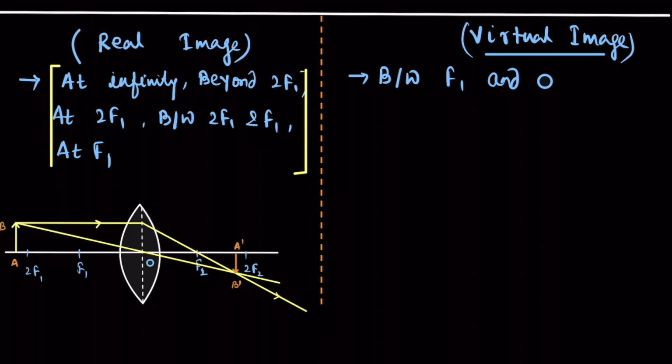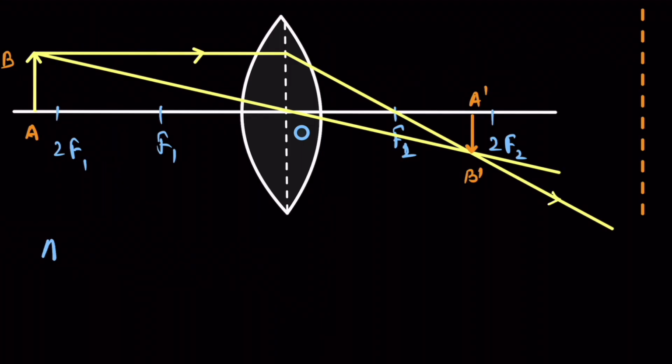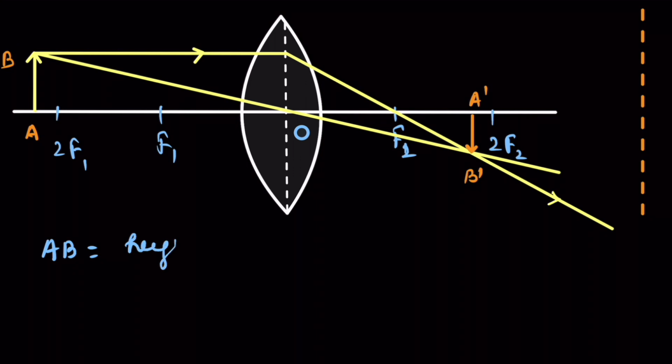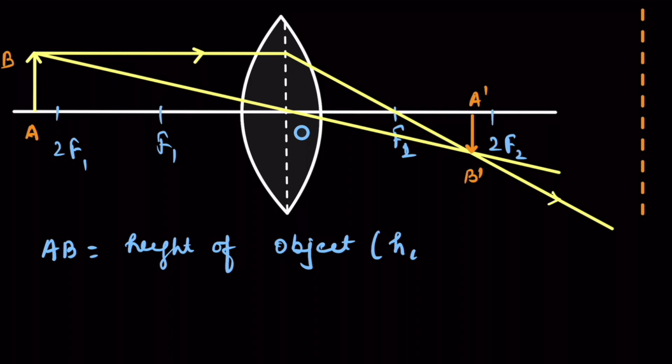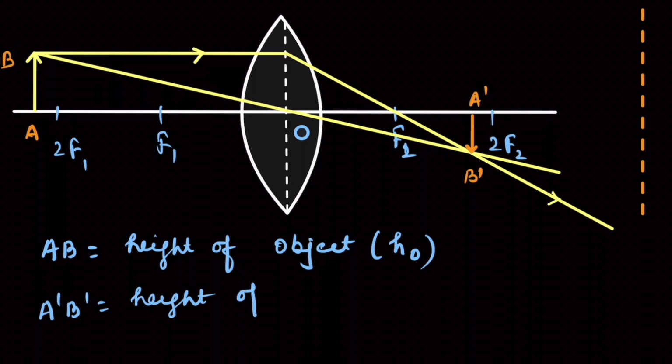So if we zoom it, here AB is equal to height of object, which is represented as HO. A dash B dash is equal to height of image, which is equal to HI.